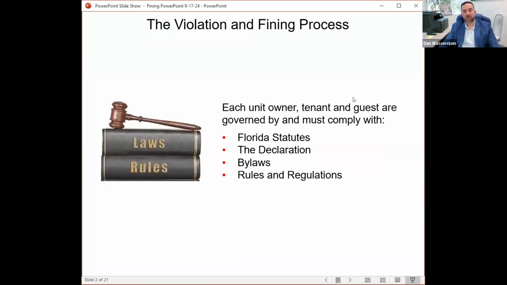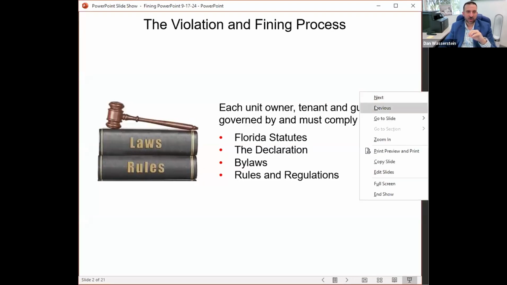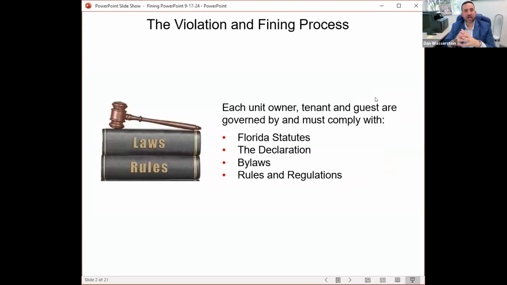All right. So this is the violation and fining process, the title of the presentation. And we're going to start at the first slide here. For each owner, tenant, and guest, they're governed by a series of things: the Florida statutes, the declaration of covenants in an HOA or declaration of condominium in a condo, the bylaws, the rules and regulations.